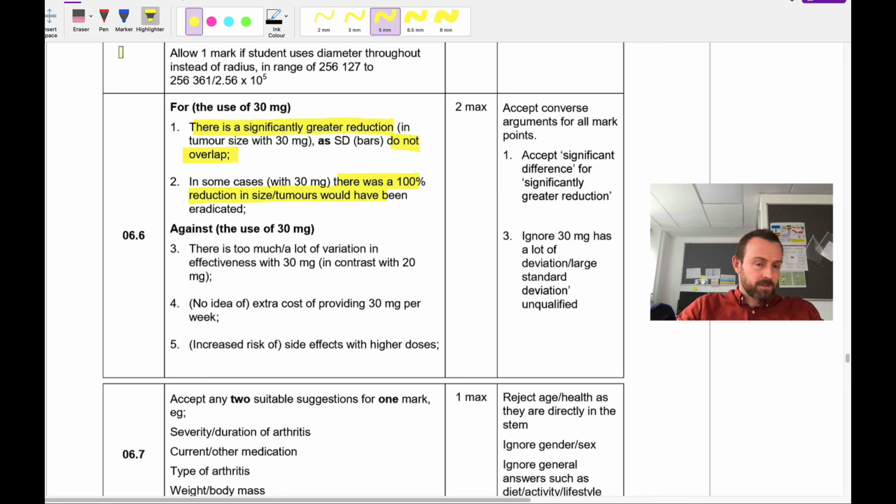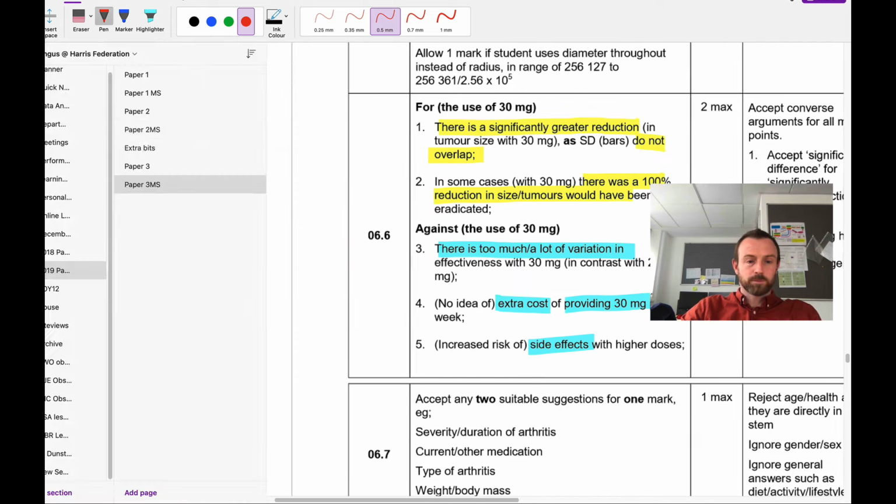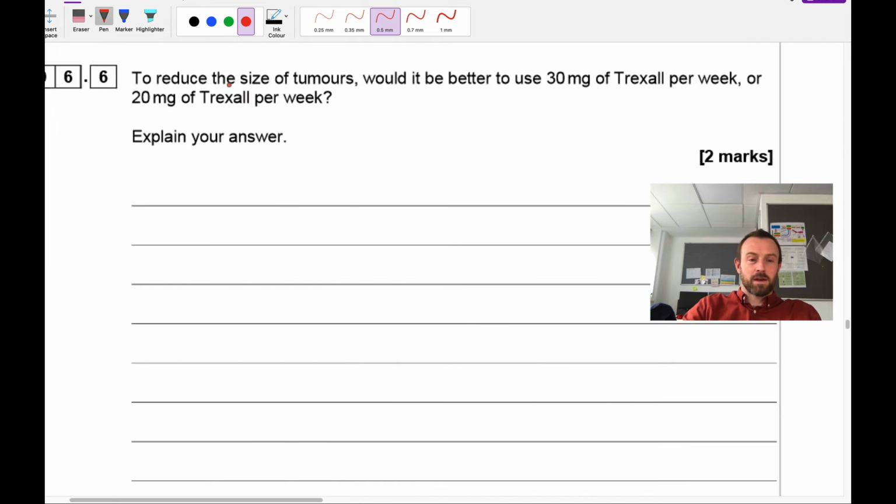So I feel like this is AQA not really writing their question very well. Against, we don't know if there are side effects. We don't know if there's an extra cost associated with it, well, there will be an extra cost because we're paying for more of the chemical. And there is a lot of variation. I really feel like this question should have been an evaluate and not an explain. The command word is all wrong. AQA not helpful for me or for students.